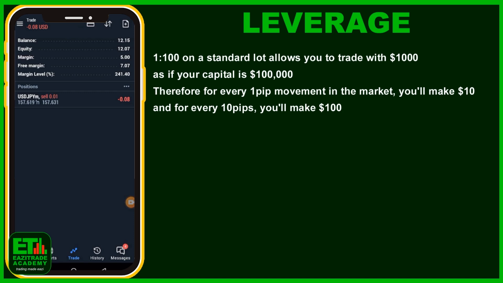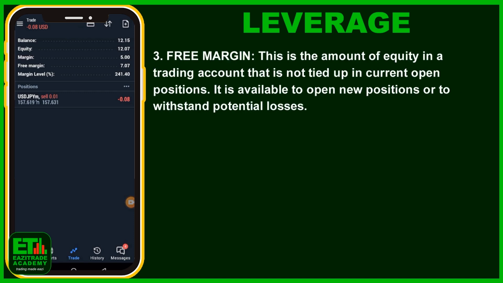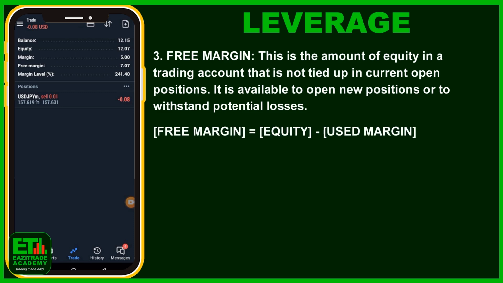The third is free margin. Free margin is the amount of equity in a trading account that is not tied up in current positions. It is available to open new positions or to withstand potential losses. Free margin equals equity minus used margin.